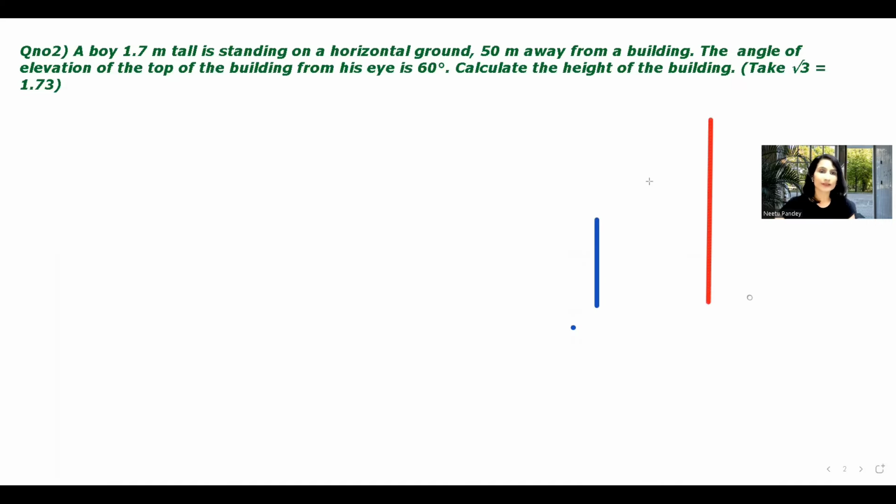So that is fine. That's not a problem. And then 50 meters away from the building, we draw the distance. Okay. What else are they saying? Now we can write here. One more thing, angle of elevation from his eye, that is this one.